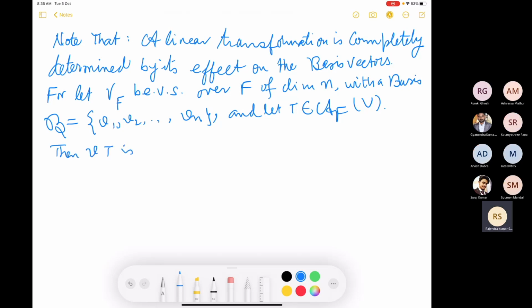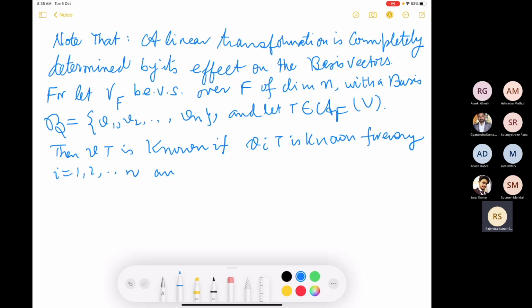Then vT is known if viT is known for every i, 1, 2, up to n, and vice versa.